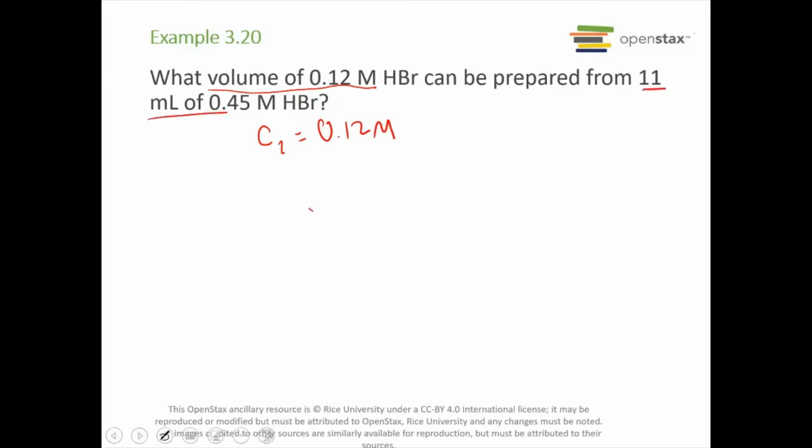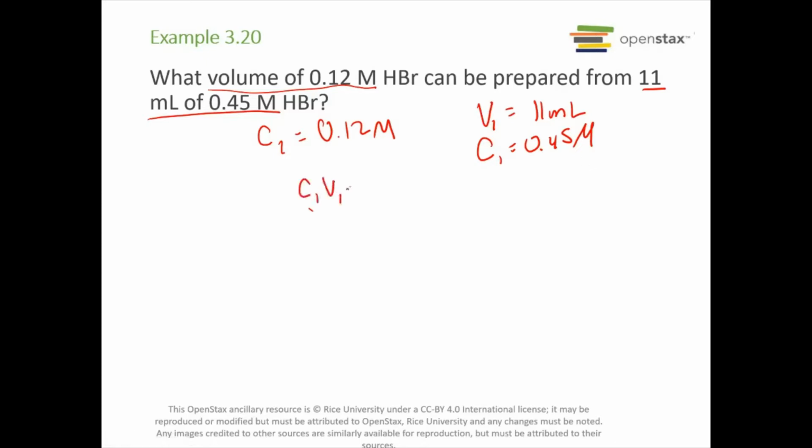And we're told we have a V1 of 11 milliliters and a C1 of 0.45 molar. You do not have to change your volume to liters here because our molarity is the same on both sides. They're going to cancel out and you would wind up with milliliters as your volume anyway. Your book changes it to liters, that's fine too. Just look on your homework for what units it says. If it doesn't specify, it shouldn't matter.